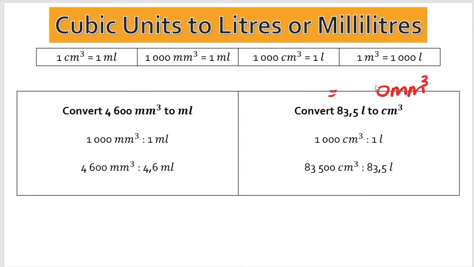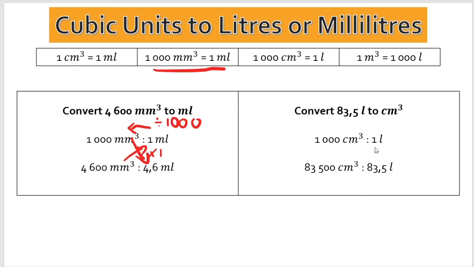So let's look at these conversions. Convert 4,600 millimeters cubed to milliliters. Using this conversion, I can see if I have 1,000 millimeters cubed to 1 milliliter, and I have 4,600 millimeters, 4,600 millimeters cubed times 1 divided by 1,000 gives me 4.6 milliliters.